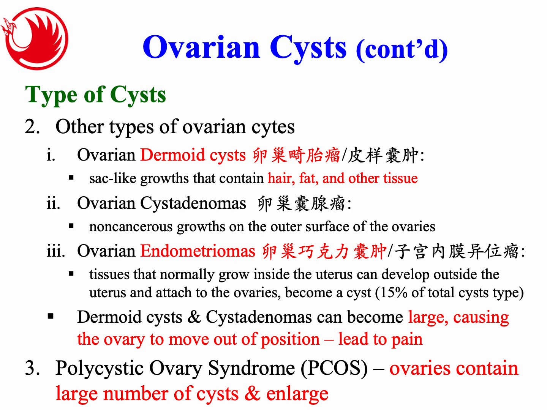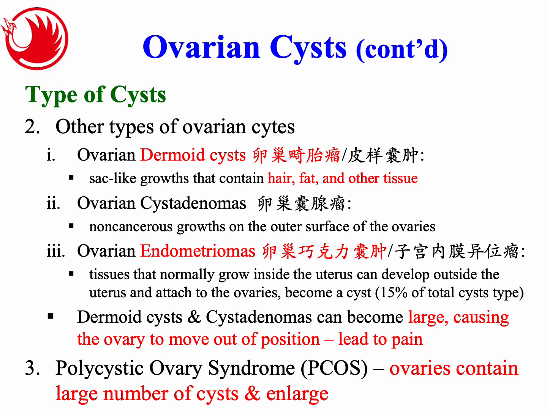These cysts form when tissue that usually grows inside the uterus grows outside and attaches to the ovary. They are filled with a dark chocolate-colored liquid. They make up about 15% of all ovarian cysts.